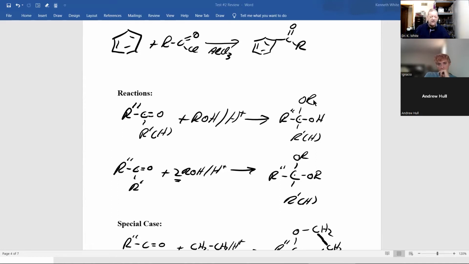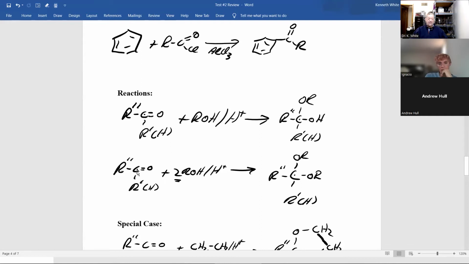Remember, watch what you're doing, read carefully. That fell off. Now it's back. All right, you take an aldehyde or ketone and react it now with 2 molecules of alcohol plus an acid catalyst, H plus.